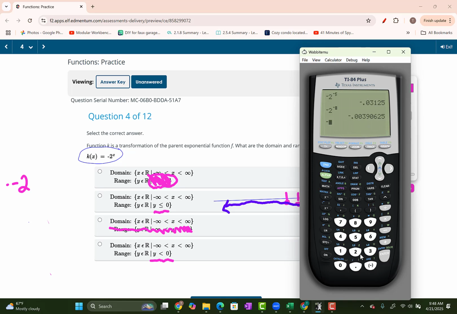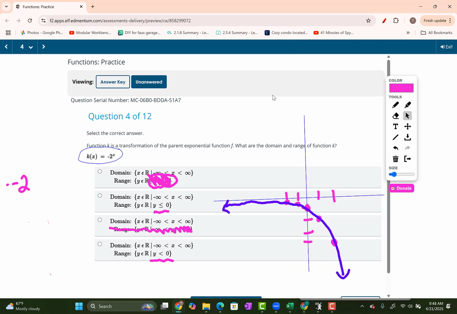Smaller number, still not 0. Negative 10 power. And you can see we get an E. This just means a number in scientific notation that's really, really, really small, but it's never going to equal 0. So therefore, the range cannot be less than or equal to 0. The range has to be less than 0.